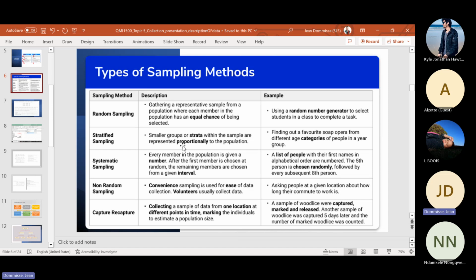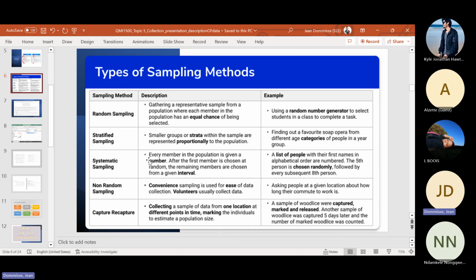Okay, so with types of sampling, again, we're not gonna ask you in the assignment to do a random sampling or stratified sampling or systematic sampling, but they can give you an example and say which sampling method is it, or they can give you a description and say which sampling method.